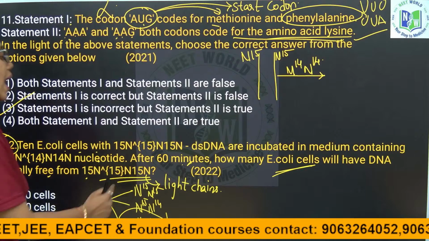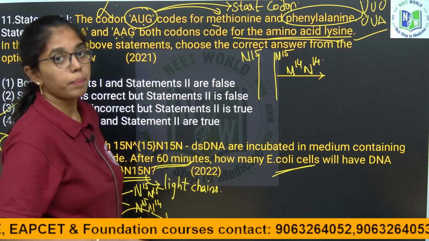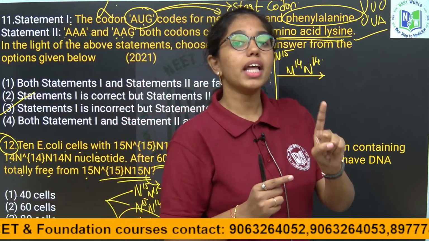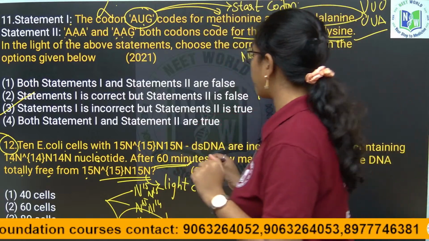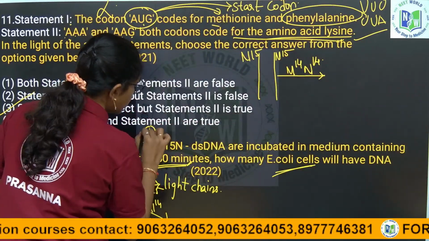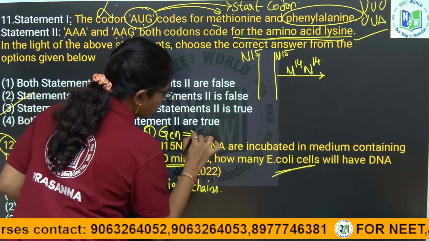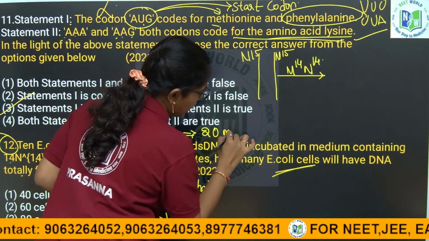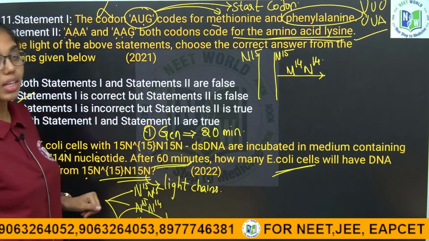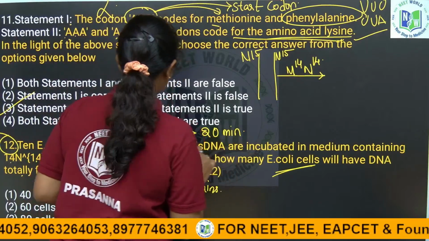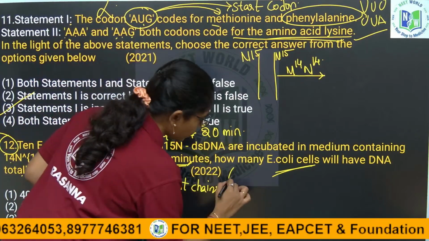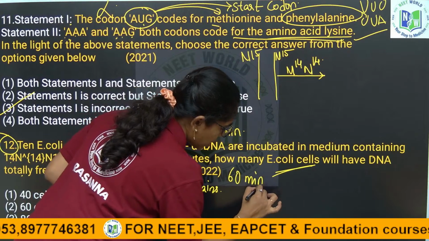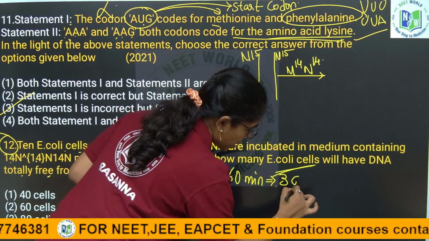So, he is asking you at the end of 60 minutes how many light chains you can see. In E. coli, one generation time is 20 minutes. In that case, after 60 minutes how many generations will take place? It will be 3 generations, right.